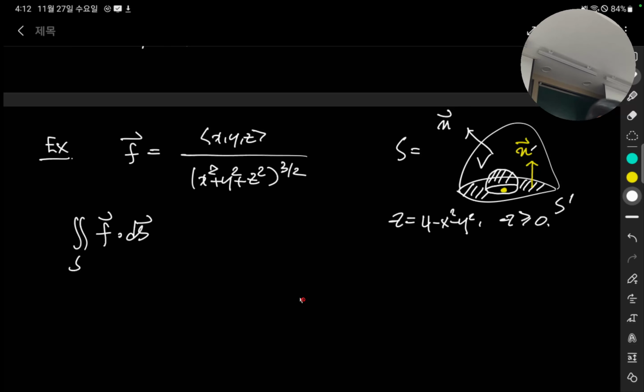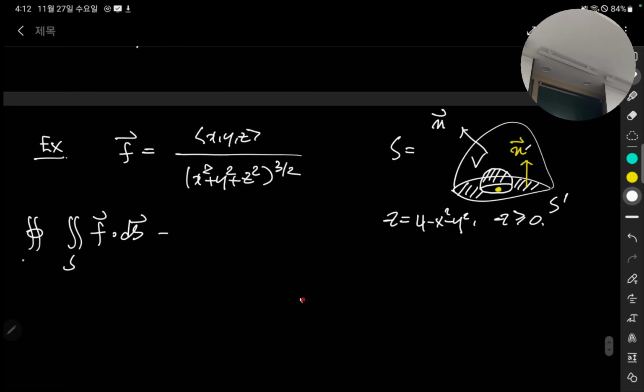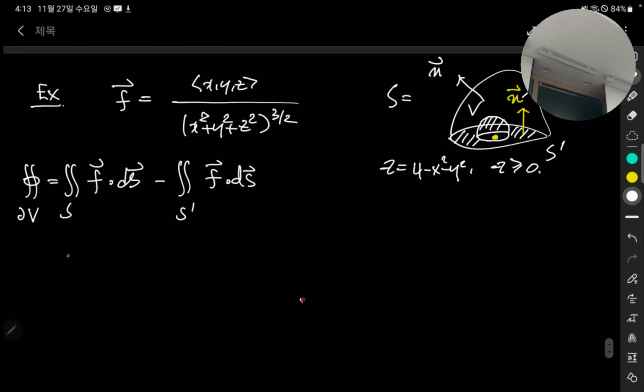So if I want to keep the orientation of S prime in that direction, then the surface integration over the boundary is the surface integration on S with normal direction n, minus the surface integration over S prime with the n prime orientation. That's my surface integration over the boundary of the volume.